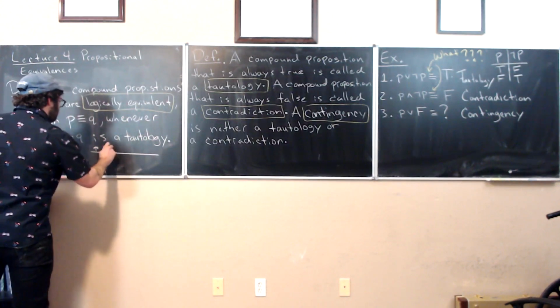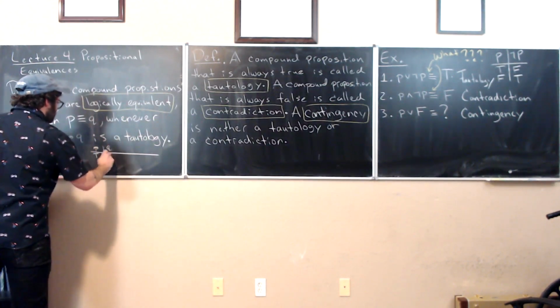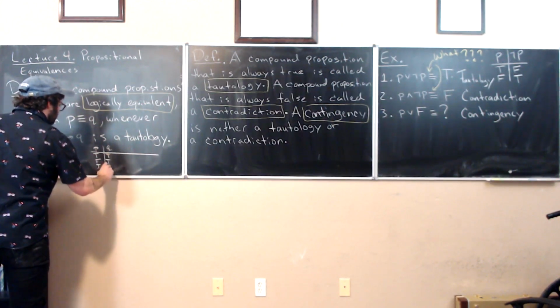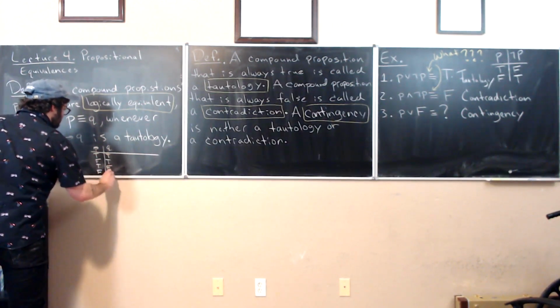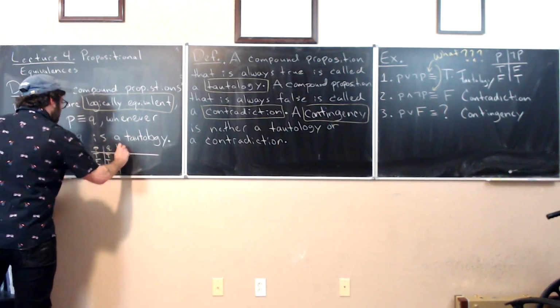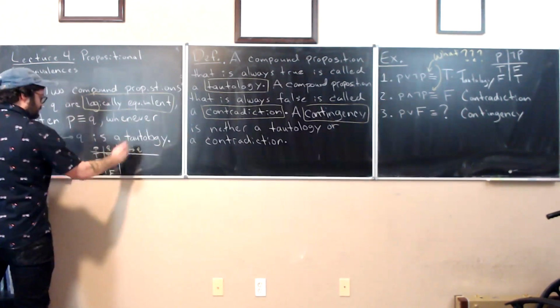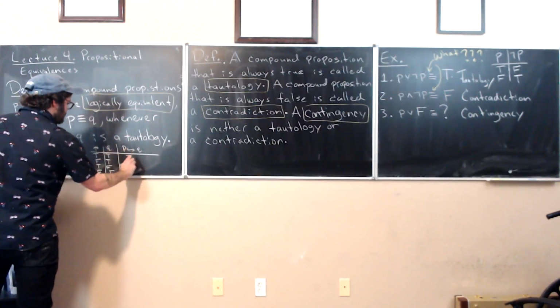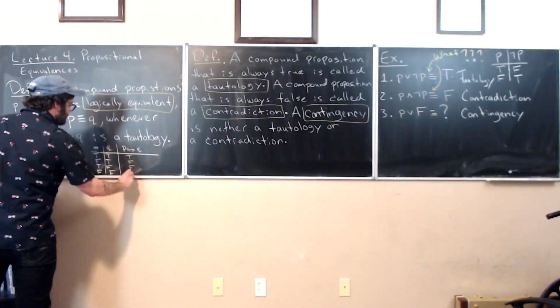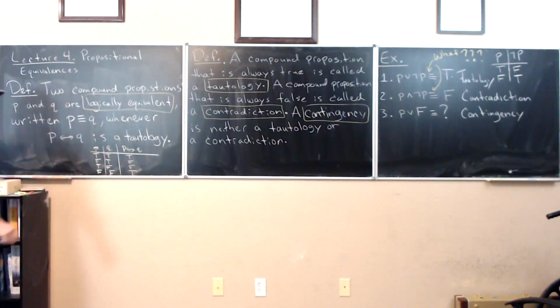So here's P, here's Q, true, true, false, true, true, false, false, false. The biconditional P if and only if Q is true when they're both true, false when they differ, and then true when they're both false.